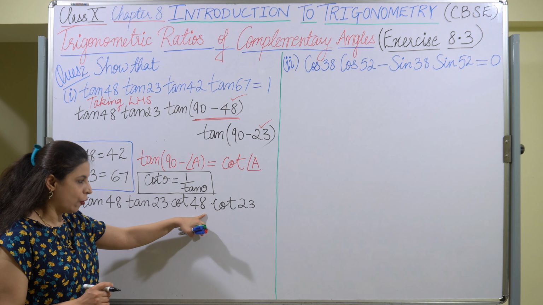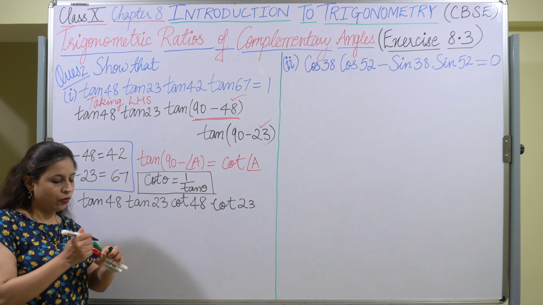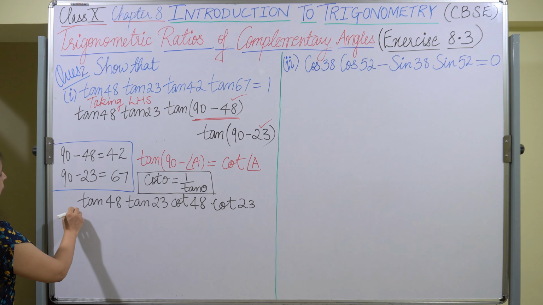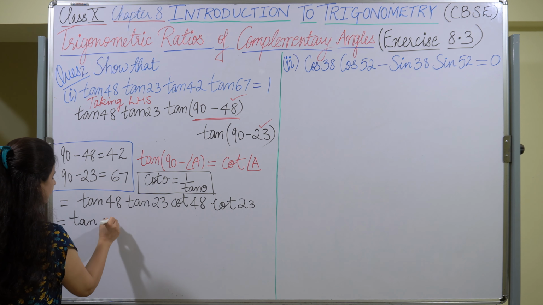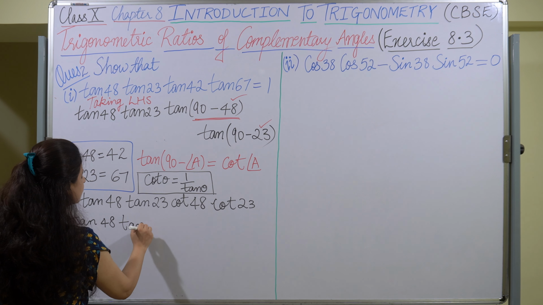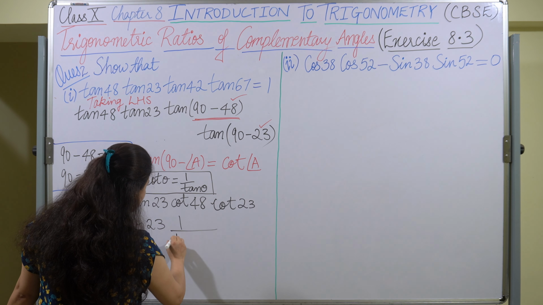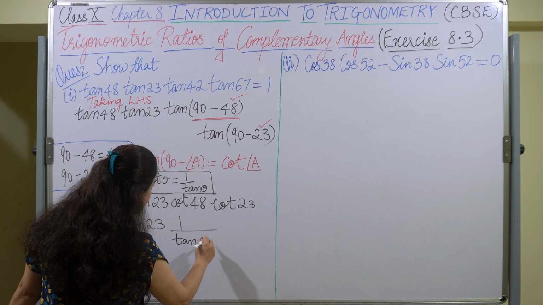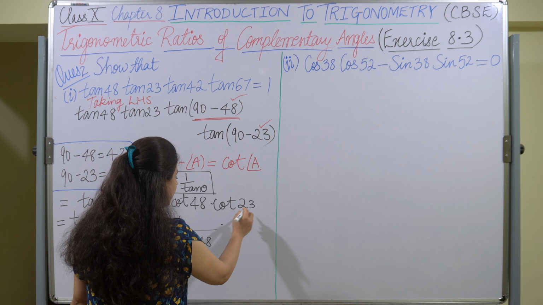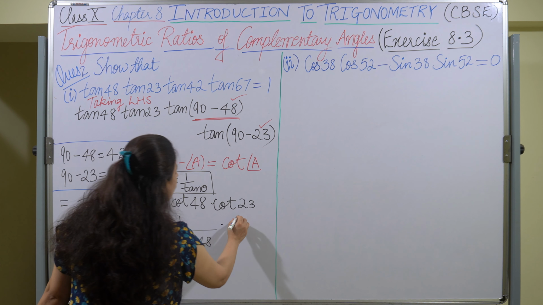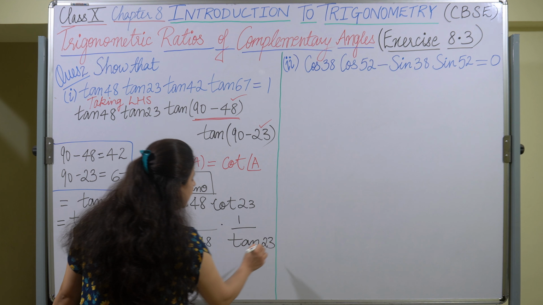So cot 48 will be equal to 1 upon tan 48, and cot 23 will be equal to 1 upon tan 23.